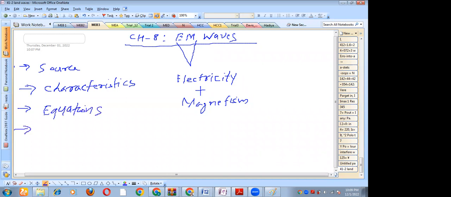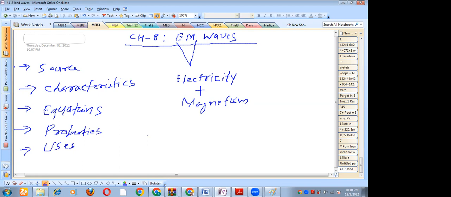Then we will go to the properties of EM waves, and then move to uses and applications. So this is the basic layout.